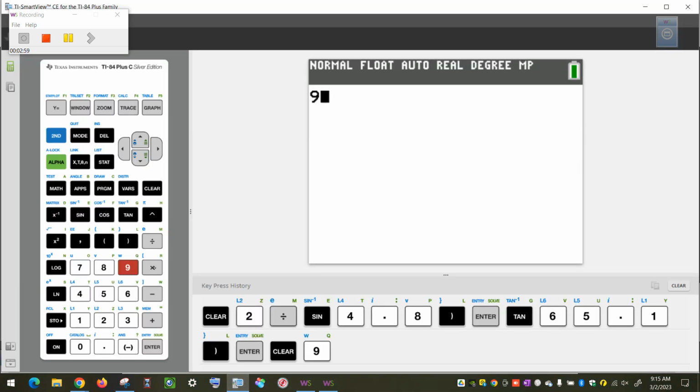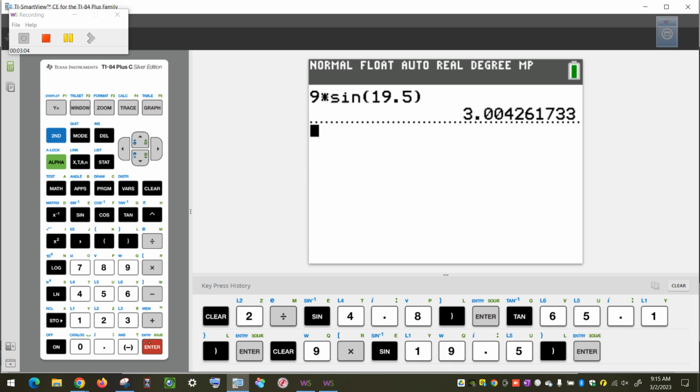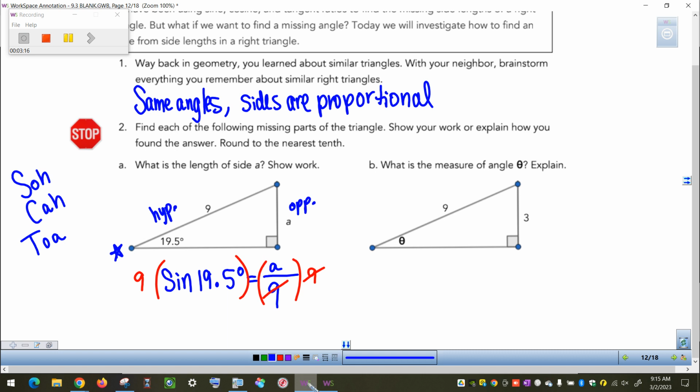So I'm just going to type in 9 multiplied by the sine of 19.5. And this looks like it's very close to 3. In fact, I'm just going to round it to 3. There's a few decimal digits beyond it, but I'm going to say that it's essentially equal to 3. And I could also go back up and label that right here in the picture.